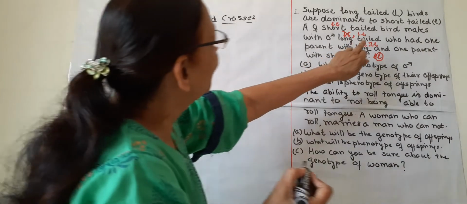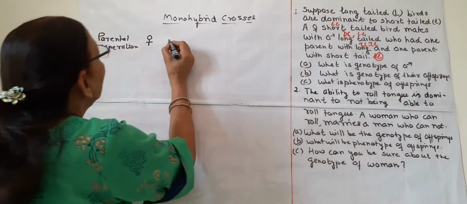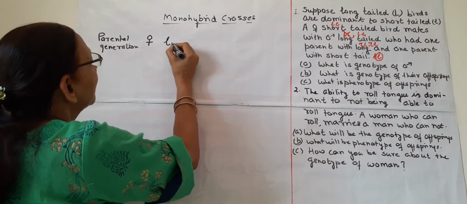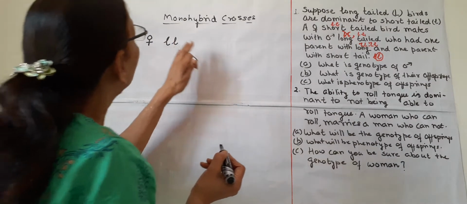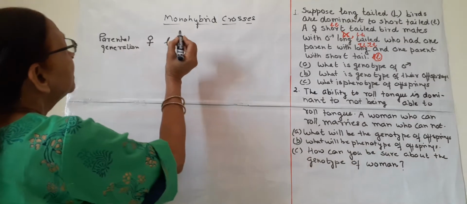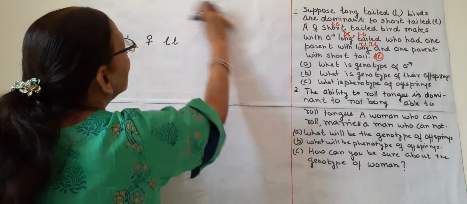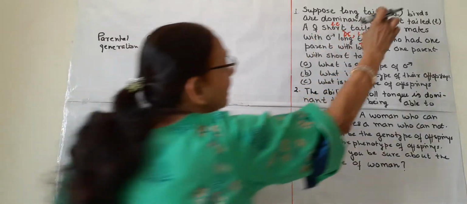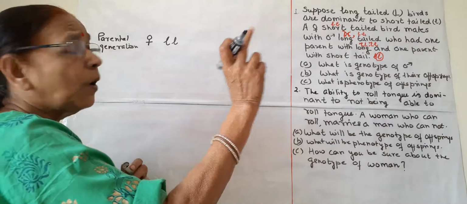So what is the female parent here? Female parent is ll. We will write the genotype of the female. Before this we can also write the symbols. Here the L and l are given in the question, but sometimes it is not given.